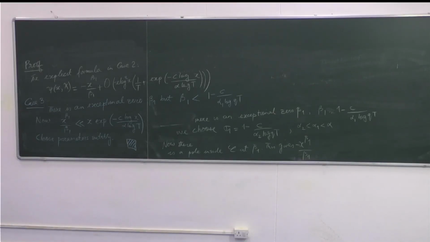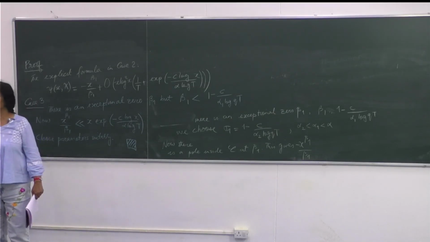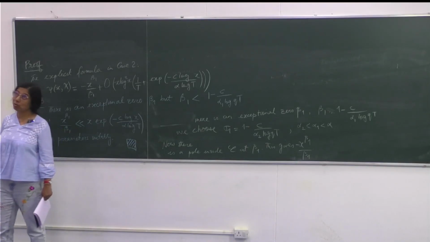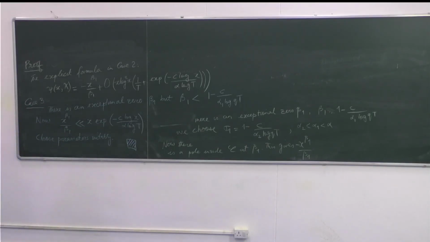You have a dependence on beta 1. And if you want to remove the beta 1, to get a uniform result with no dependence, this becomes a bad result. You remember in this theorem, Q was not so bad, but it really gets worse, and that's what we will show you.